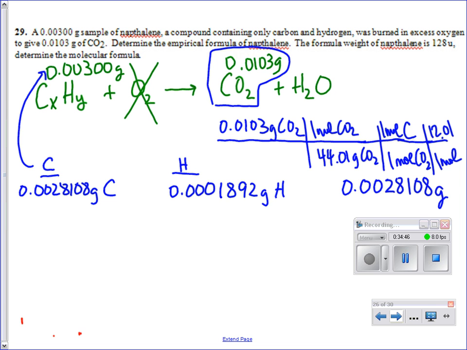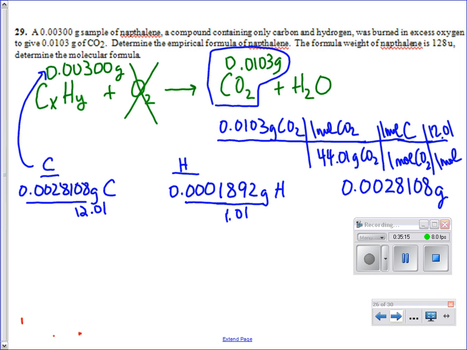Now I can do an empirical formula. I have grams. I convert grams to moles. So I'm going to divide this by 12.01, divide this by 1.01. Okay, so tell me, keep lots of decimal places here.